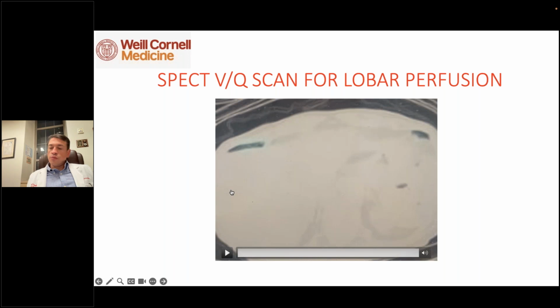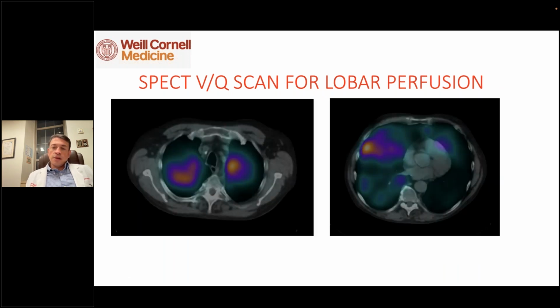What is also important to understand is that the way the system calculates lobar volumes is by a radiologist manually drawing the fissure. So if you don't draw the fissure correctly, then the computer will not give you the correct information. So the information is only as good as the fissure that's drawn. That's why they always like to look at a diagnostic CAT scan first, because then they know exactly where the fissure is.